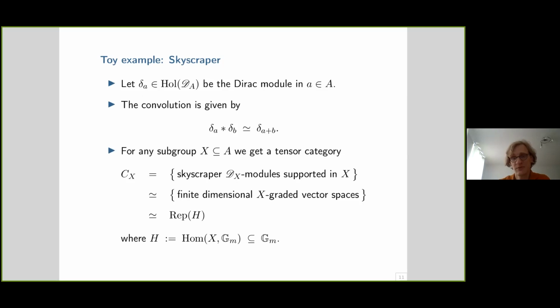And of course, graded vector spaces are representations of multiplicative groups. So intrinsically, if X is the group inside A, then X-graded vector spaces are representations of the Cartier dual, so of Hom of X into Gm. So any character of the group X gives you a representation of H.